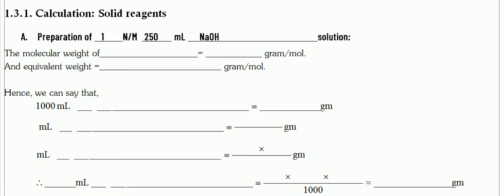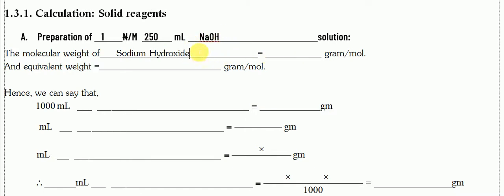Okay, the next line is that we have to write down the molecular weight of the given solid reagent. In this case, the solid reagent is sodium hydroxide, so we have to write the molecular weight of sodium hydroxide. You can write either the chemical formula or write in words.